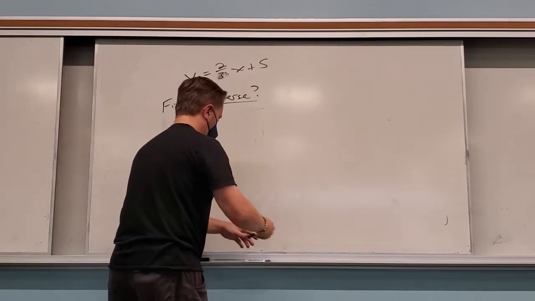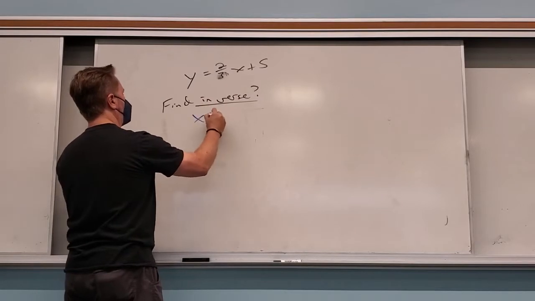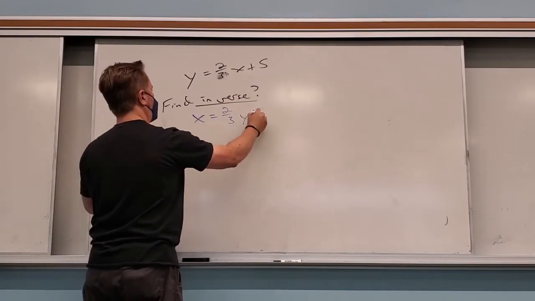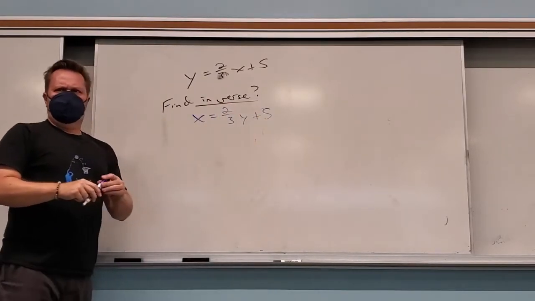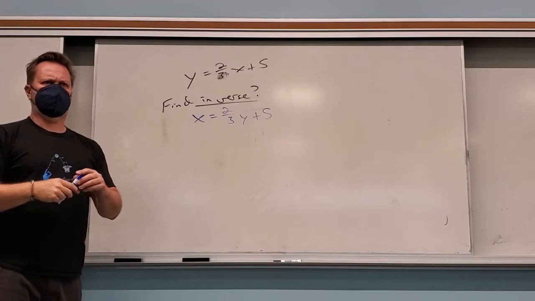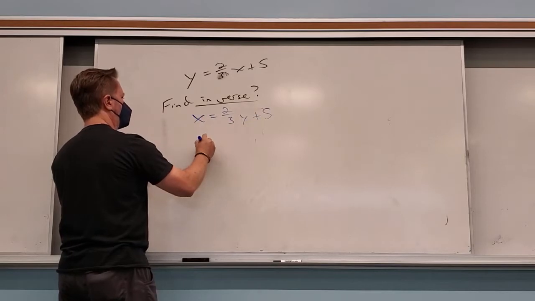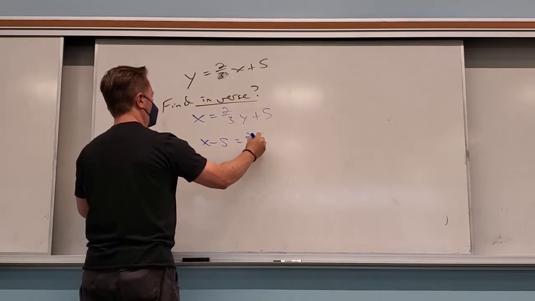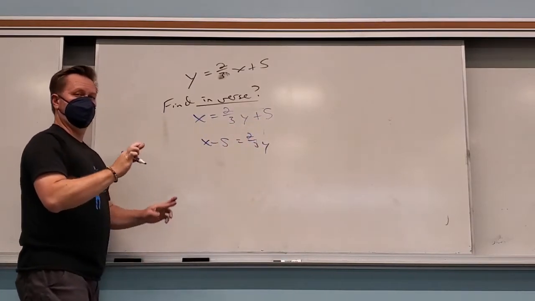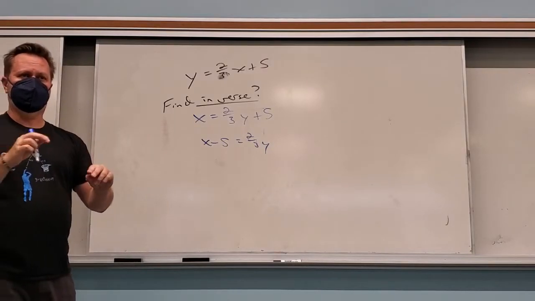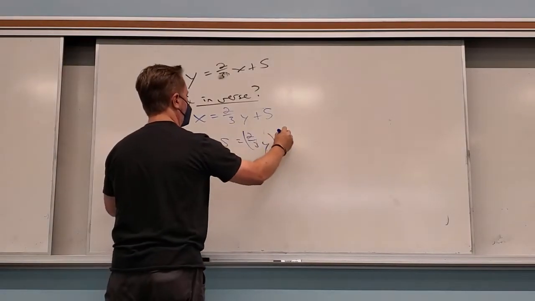Switch x and y. Solve for y. So I'm going to subtract 5, and then I'm going to multiply by 3/2.